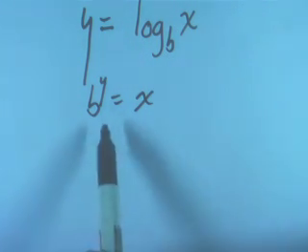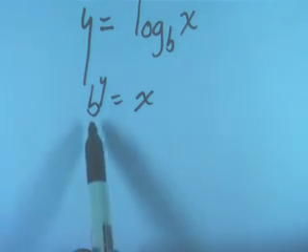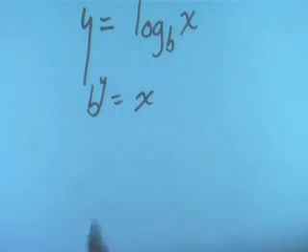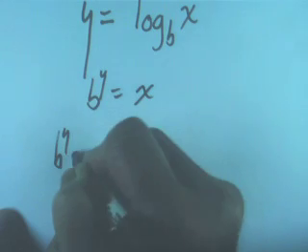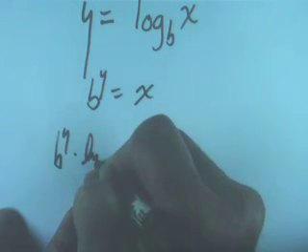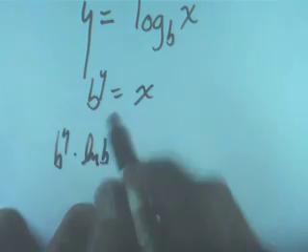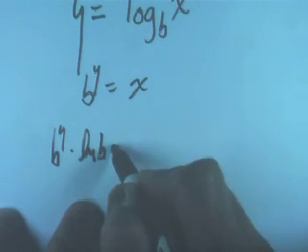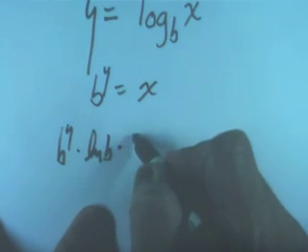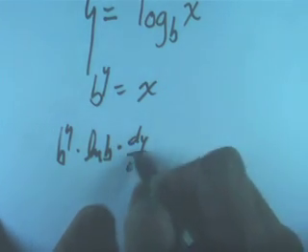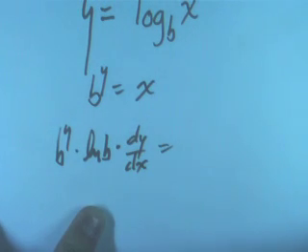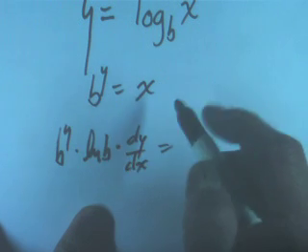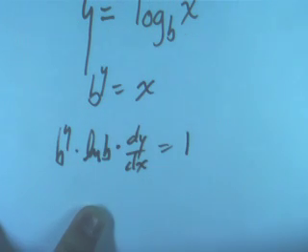Differentiating this implicitly, we need to differentiate b to the y, which is b to the y times the natural log of the base. And then this had a y in it, so when you implicitly differentiate, you throw in a dy dx. And then differentiating the right-hand side, the derivative of x is just 1.